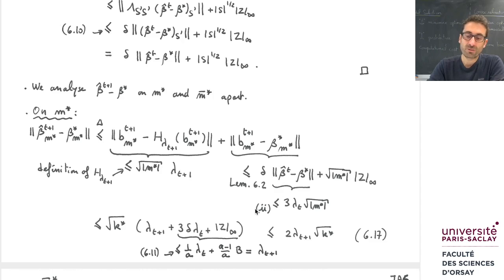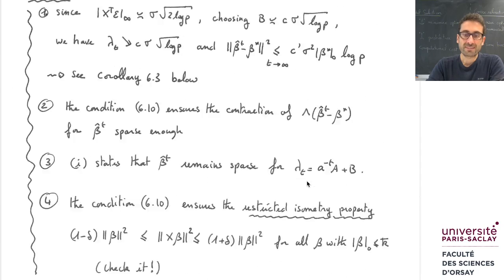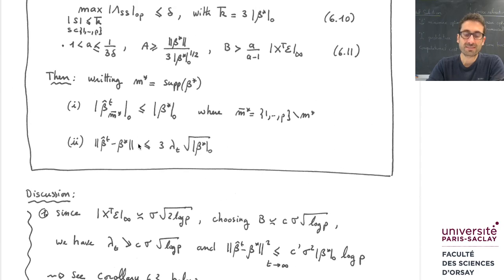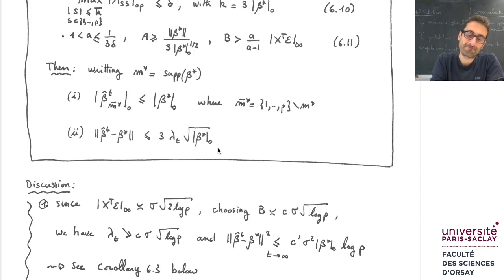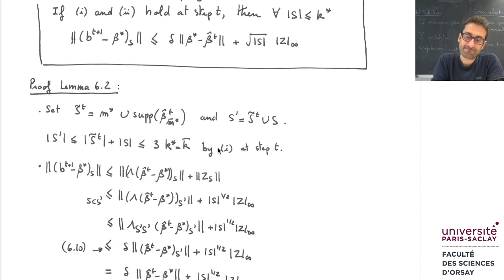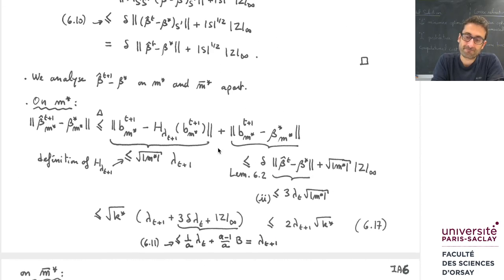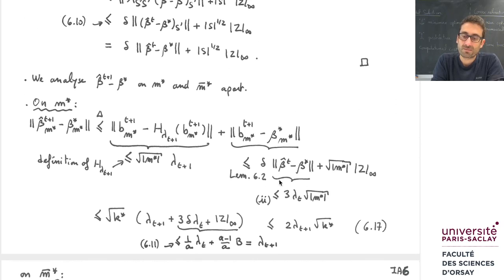So you will use property 2i at step t. It tells you that the error is smaller than 3 lambda t square root of k star, which is the number of non-zero coefficients in beta star. So this is what we get here.